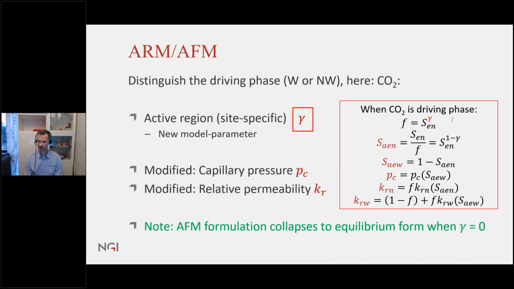There's some equation there showing how they're all related, and how they're all derived from the introduction of one parameter, gamma. Let's also note that this active region model formulation collapses to the classical, or equilibrium, formulation when gamma becomes 0. So the next slide, please.